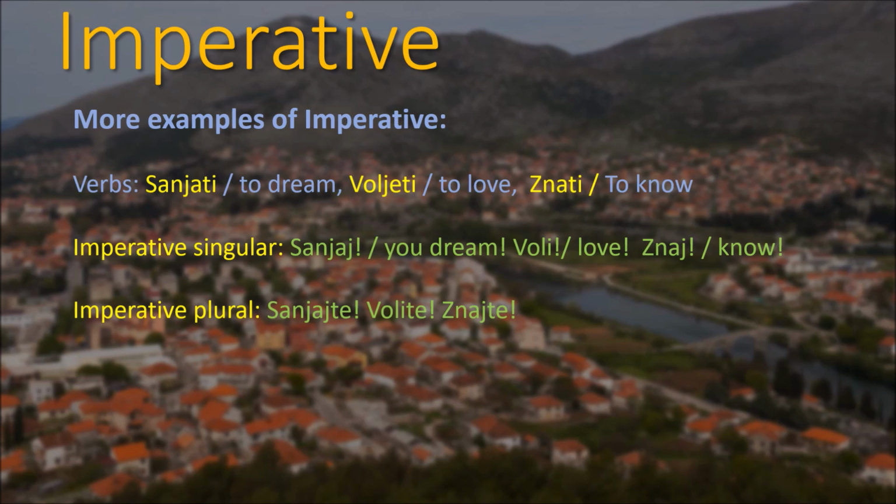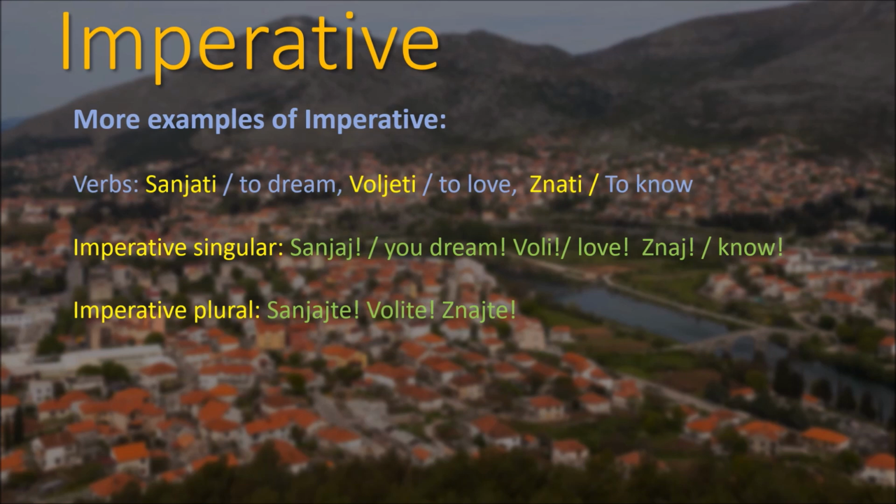And its imperative singular becomes voli, love. Znati, again, third person plural for this verb is znaju. Deducted the u, we are left with znaj, which means know.